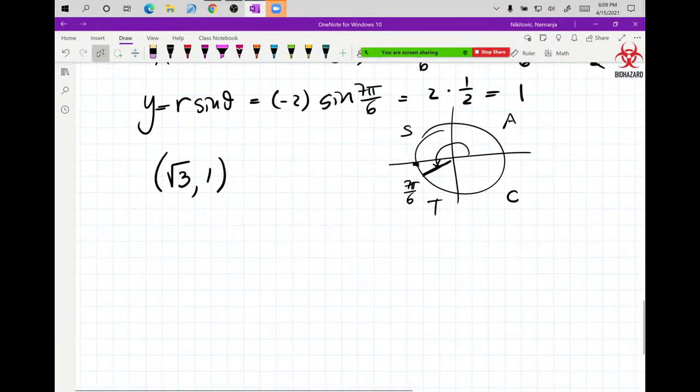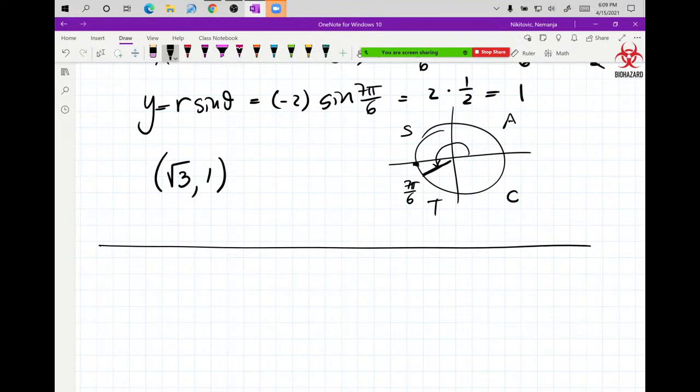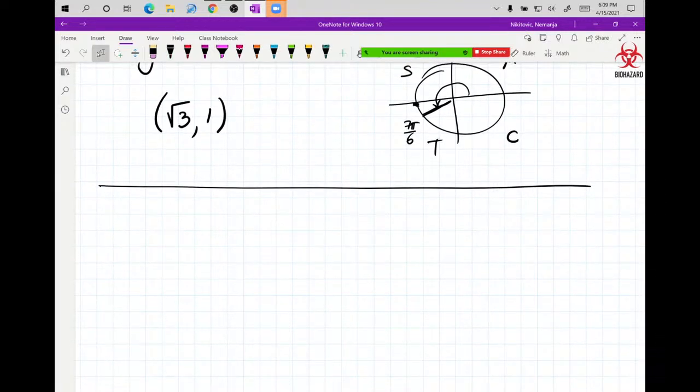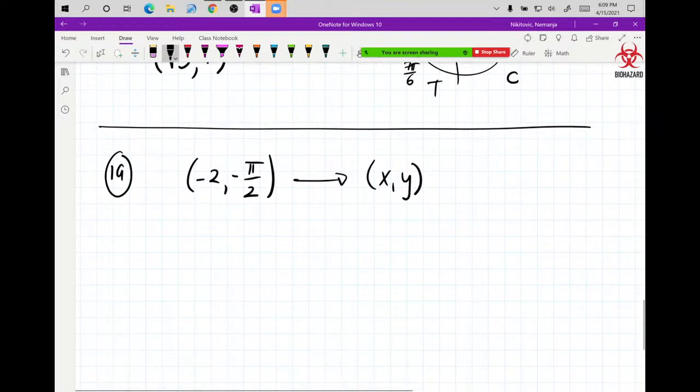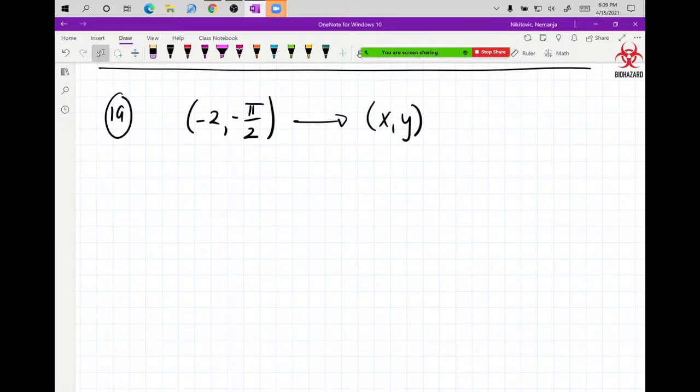All right, I will give you one to convert. Okay, let's see. All right, try this one. Problem 19. Convert negative 2 to negative pi over 2. So convert that into xy. Go.